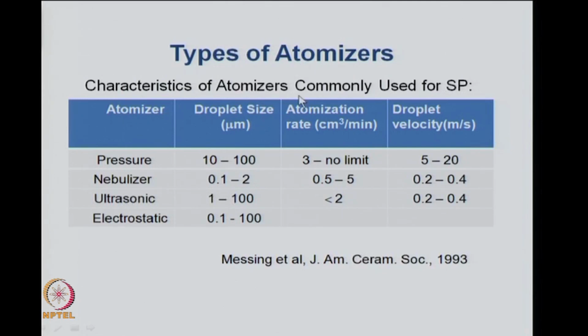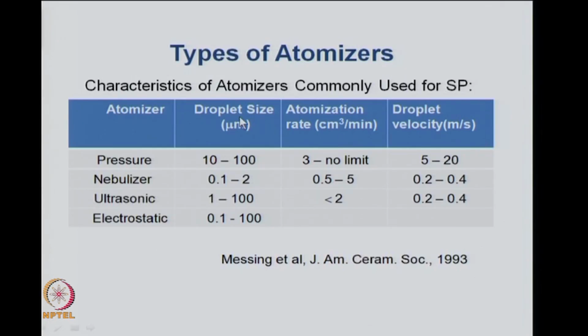The commonly used atomizers for spray pyrolysis are these four kinds. You have pressure based atomizers, then you have nebulizer based atomizers, then you have ultrasonic based atomizers and electrostatic based atomizers.